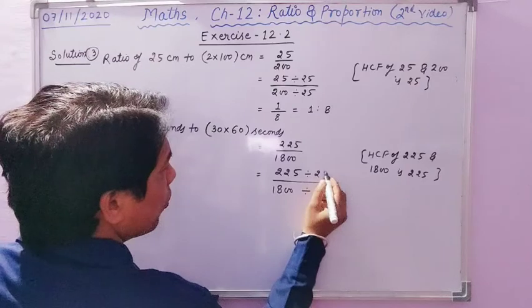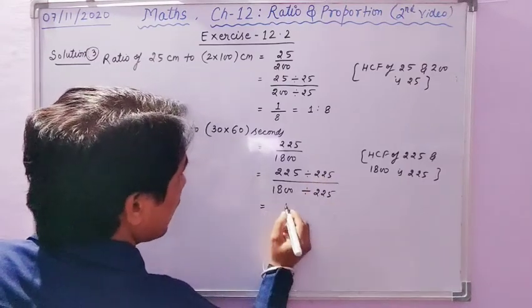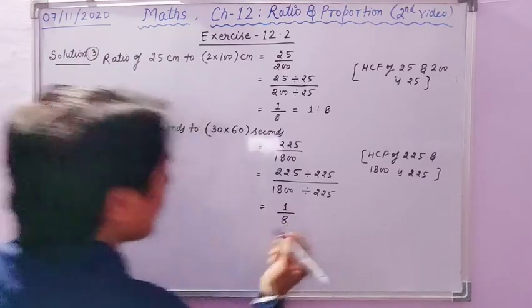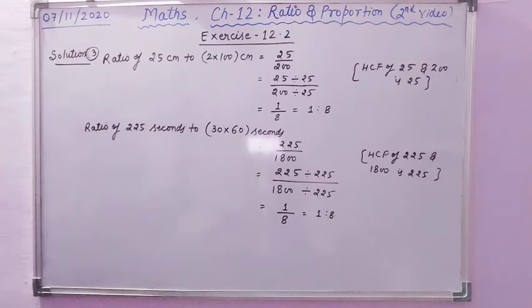So I'm dividing both the numerator and denominator by this, and I'll get 1/8, or ratio 1:8.